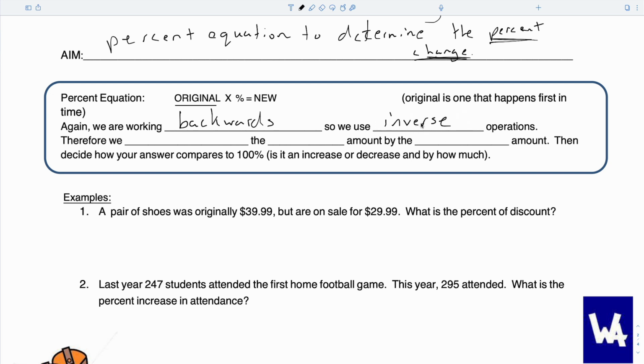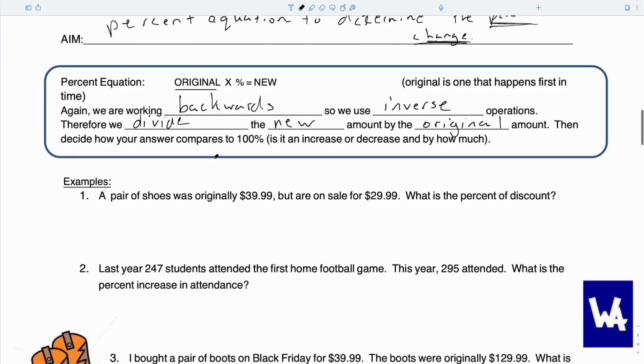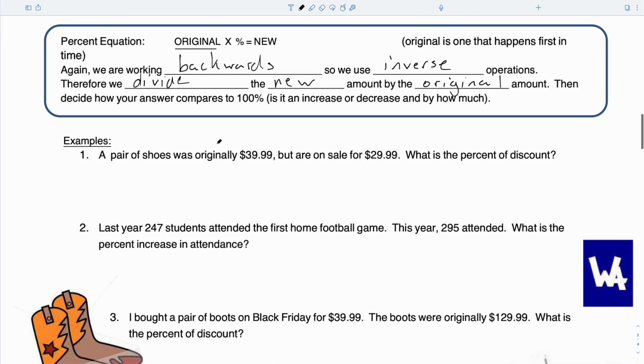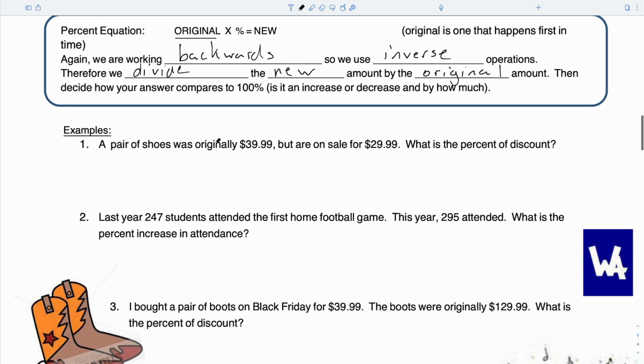So instead of multiplying, we'll be dividing today. Therefore, we divide the new amount by the original amount. Then decide how your answer compares to 100%. Is it an increase or decrease, and by how much?